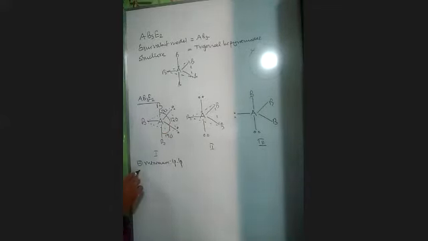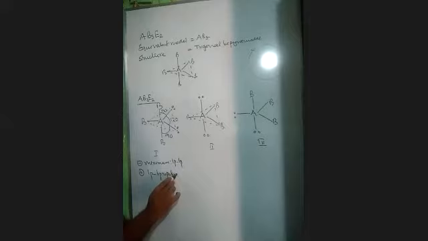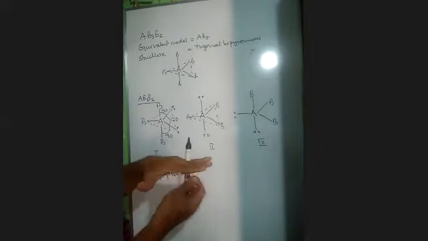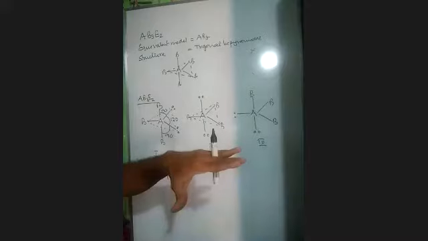Then what do you have here now? Lone pair bond pair repulsion. Now see, here you have a lone pair, here you have a lone pair.